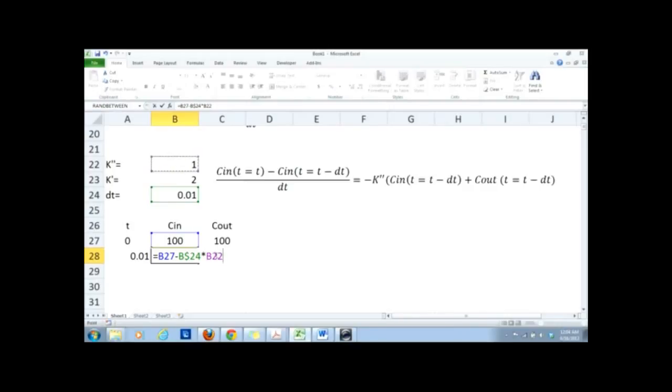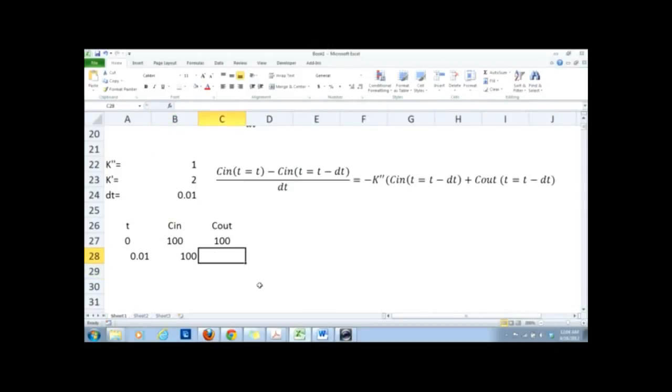So K double dash, again I put a dollar sign here, and then into C in minus C out. And now here I'm not putting a dollar sign on C in and C out, because C in and C out are not constant and they will change with time. So I'll press enter here.